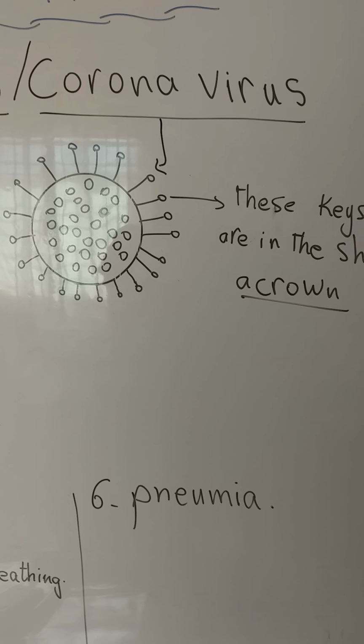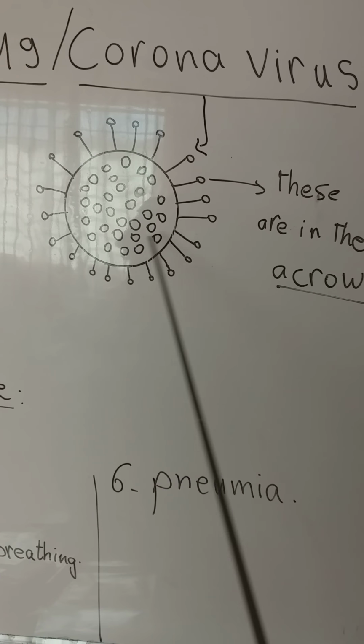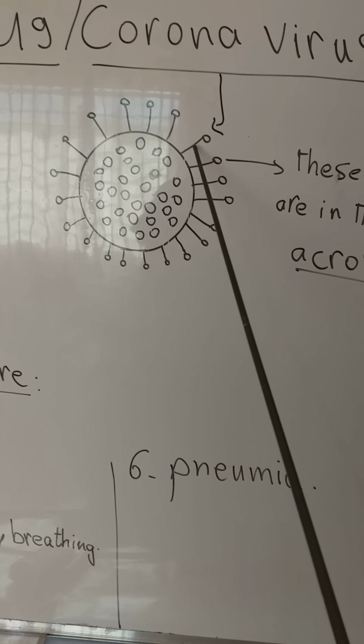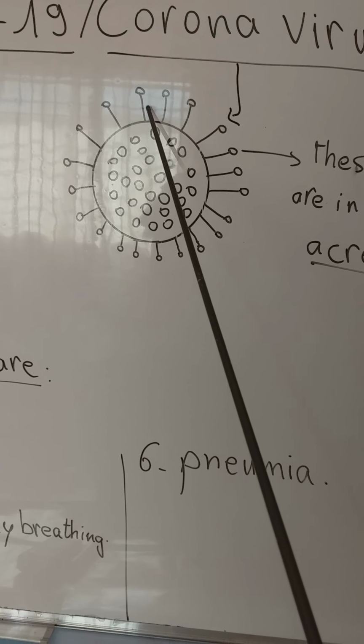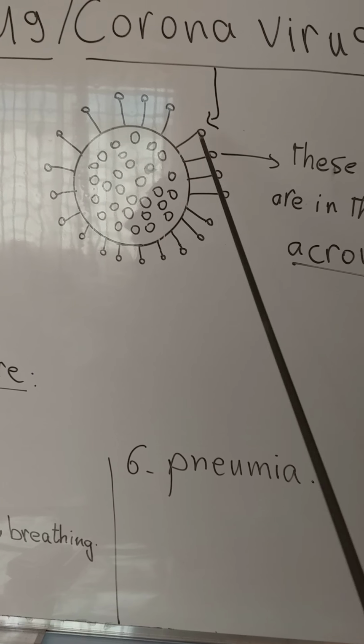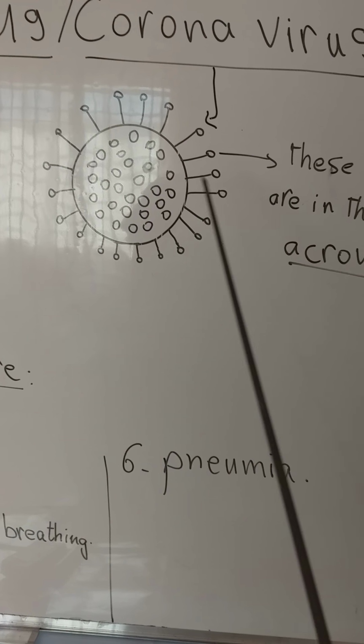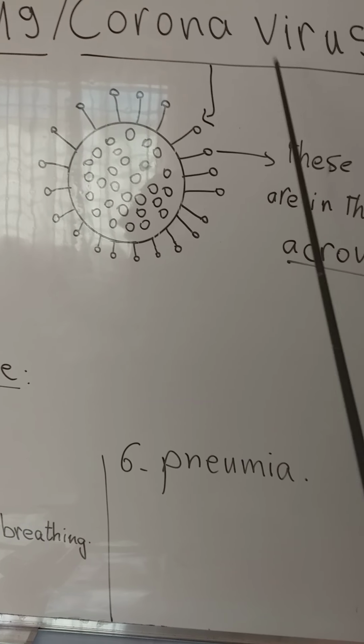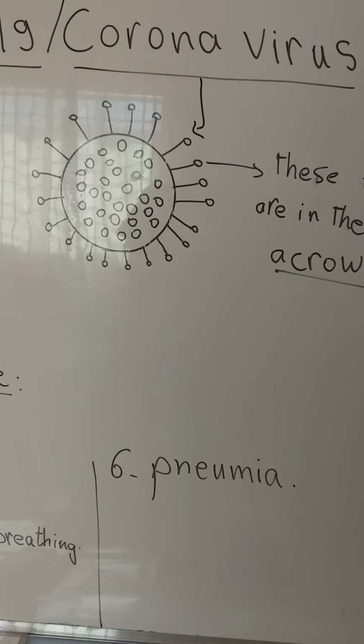Okay? Look at the virus. This is a virus. Look here. These are keys. Okay? If we see all these keys, they give the virus the shape of a crown. This is why it is called coronavirus.